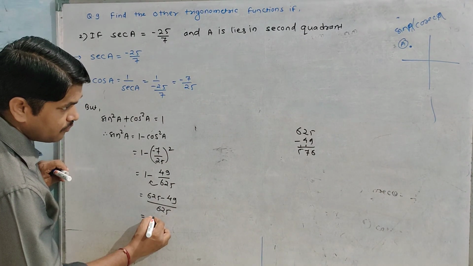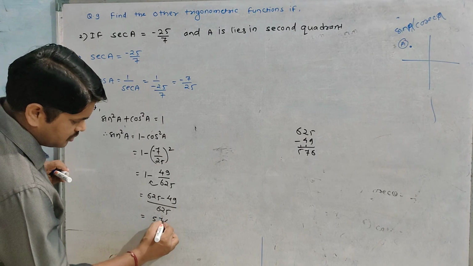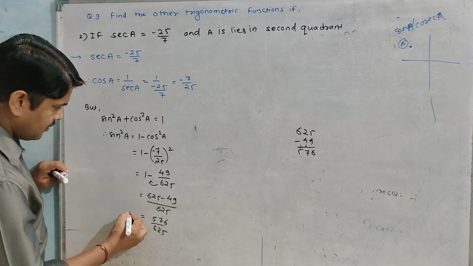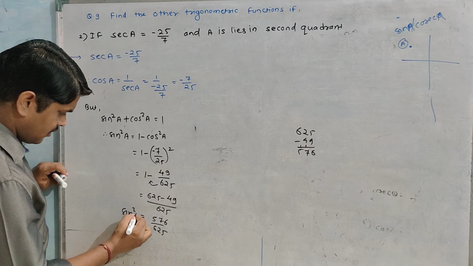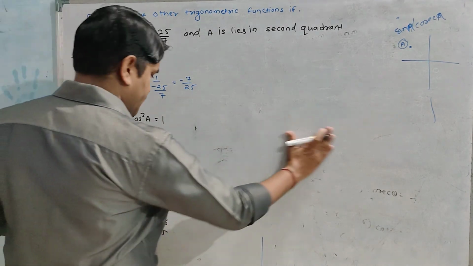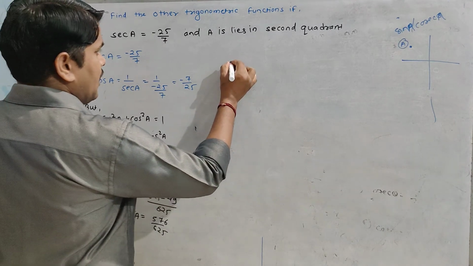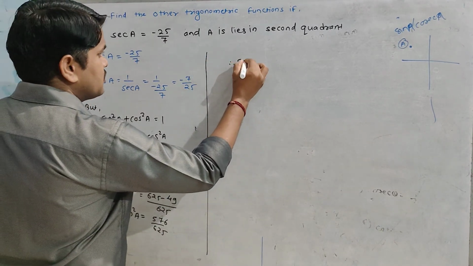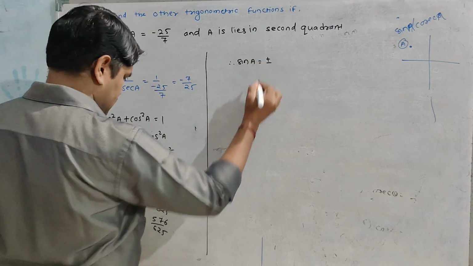So 576 upon 625. This is our sine square of A, and therefore sine A is equal to plus or minus.